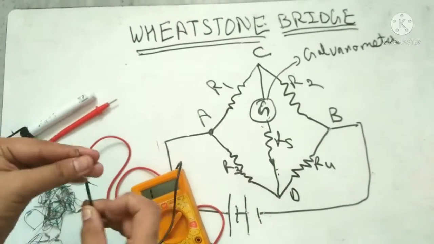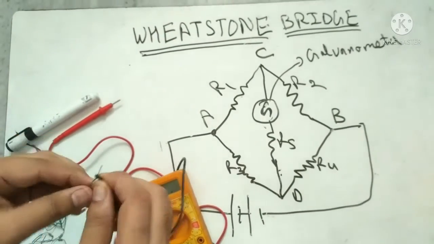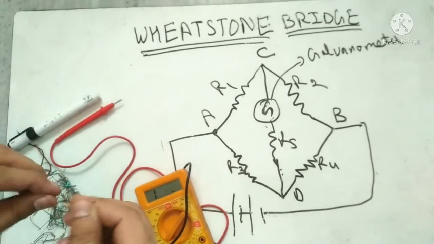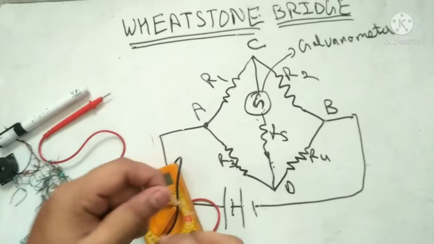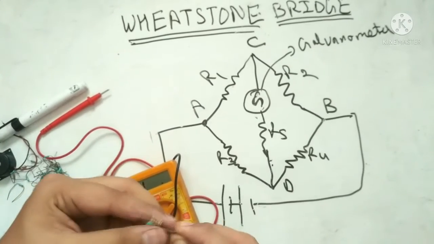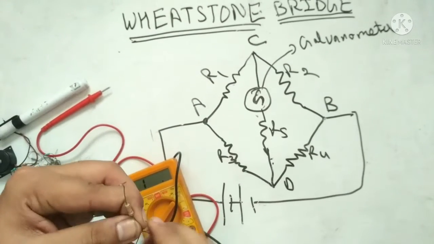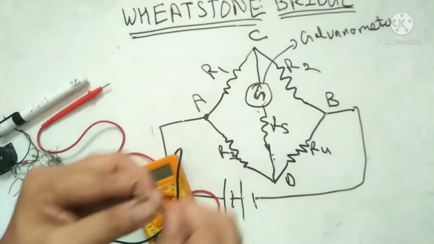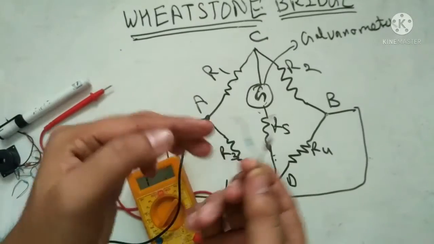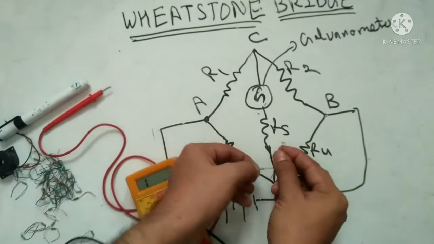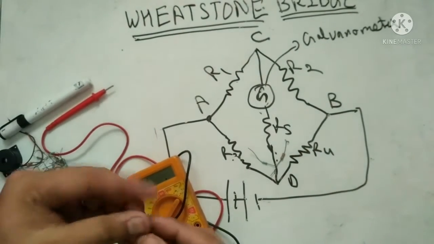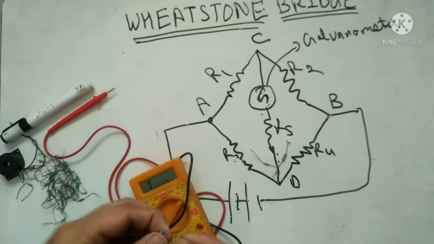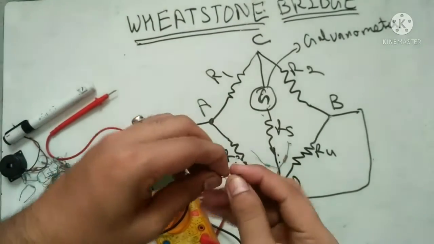If I take five resistances, or four resistances, we can connect them in this manner. Firstly join one end, so it is like this structure. Now we can take another two resistances and connect them to both the ends.